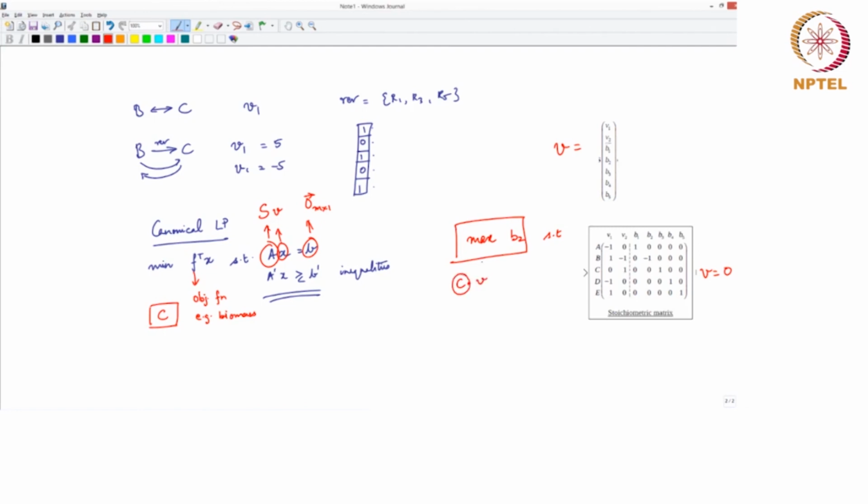So, what is the C vector that will multiply this to give you B2? It will be 0, 0, 0, 1, 0, 0, 0.